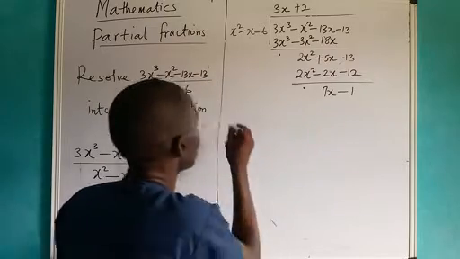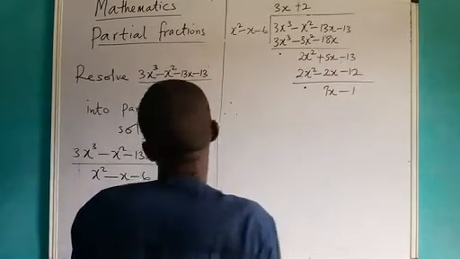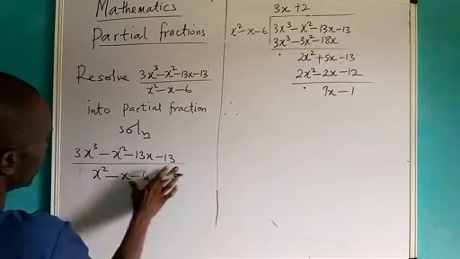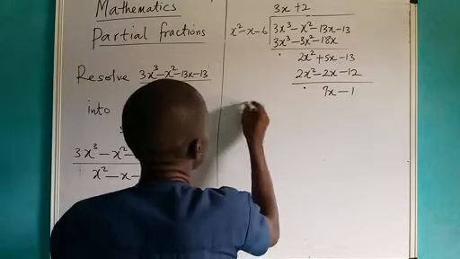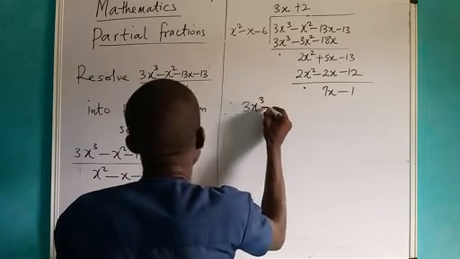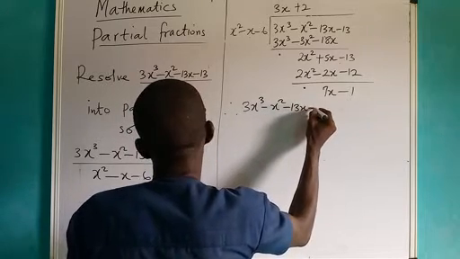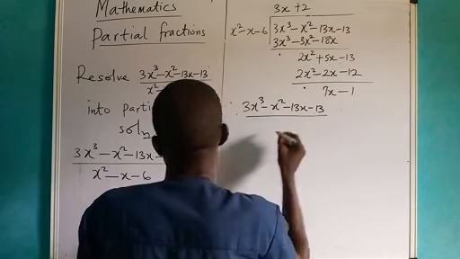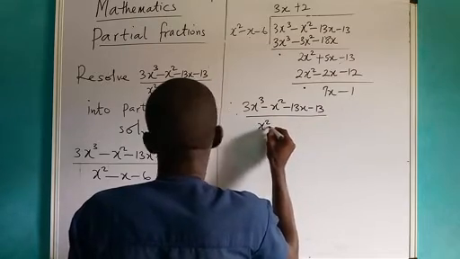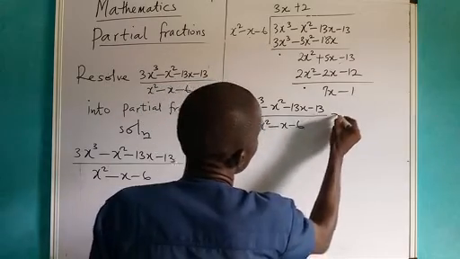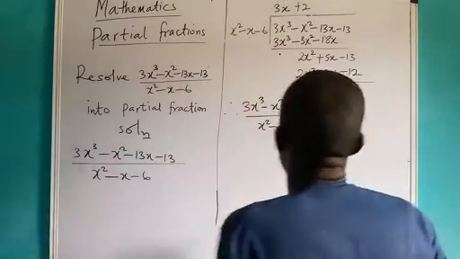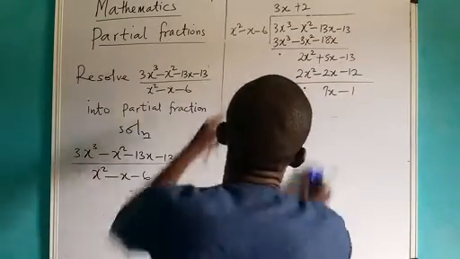In this case, I cannot divide any further. This is the fraction we're having: 3s power 3 minus s squared minus 13s minus 13 all over s squared minus s minus 6. Let me resolve here first.